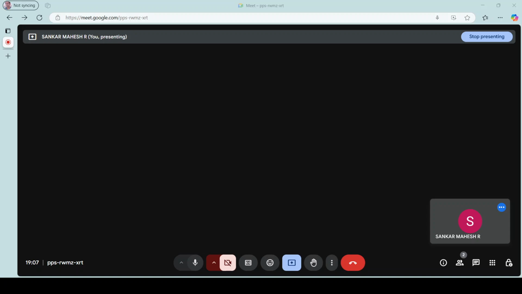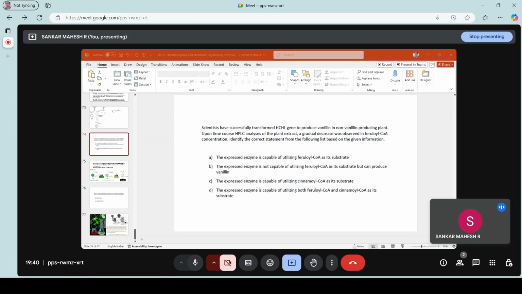Option A. The expressed enzyme is capable of utilizing feruloyl-CoA as substrate. Option B. The expressed enzyme is not capable of utilizing feruloyl-CoA as substrate but can produce vanillin. Option C. The expressed enzyme is capable of utilizing cinnamoyl-CoA as substrate. And option D. The expressed enzyme is capable of utilizing both feruloyl-CoA and cinnamoyl-CoA as substrate.